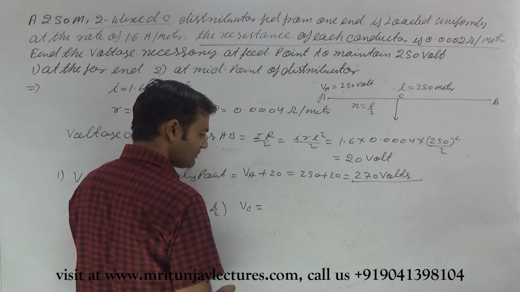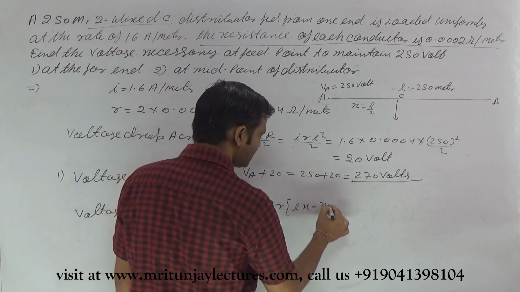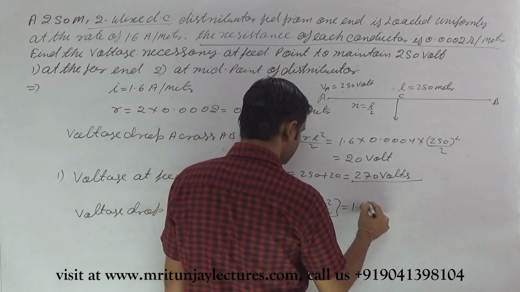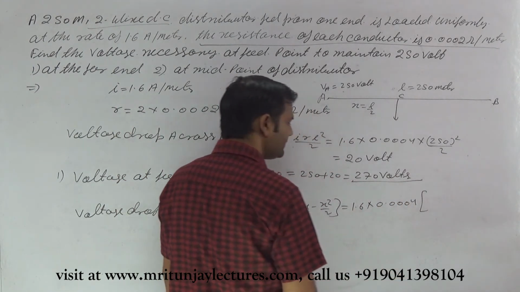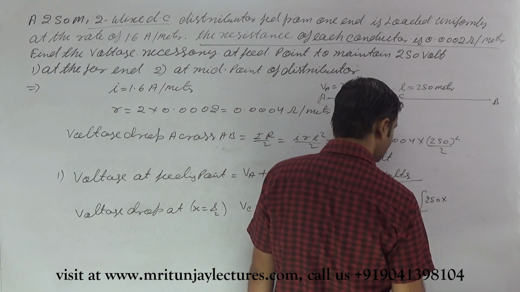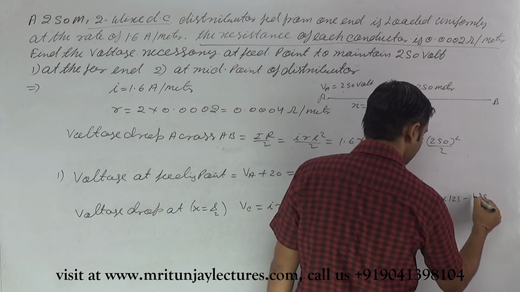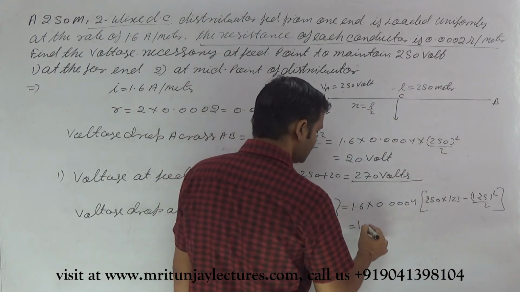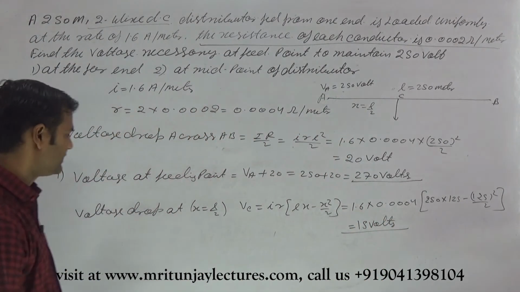I have already discussed the formula: I into R into Lx minus x squared by 2. I is 1.6, R is 0.0004, L is 250 and x is L by 2, meaning 125, minus 125 squared, by 2. With the help of the calculator we got 15 volt.